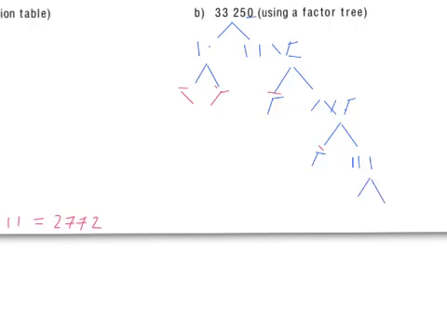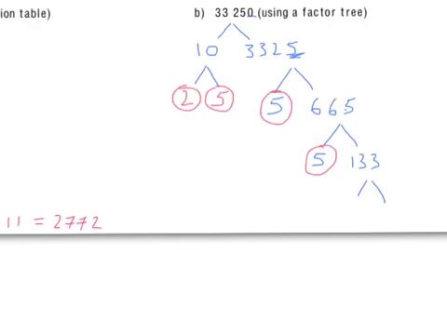Okay, 133. What's going to go into 133? 2 doesn't work, 3 doesn't work, 4 doesn't work, 5 doesn't work, 6 does not work, 7, maybe. Let's check 7. Well, if I remember my divisibility rule for 7, I take the last digit, which is a 3 here, I double it, so I get 3 times 2 is 6, and I take that number away from the rest of the number, which is 13.